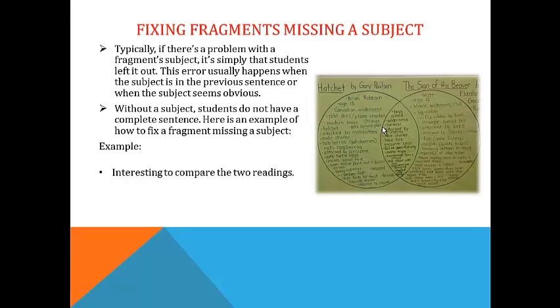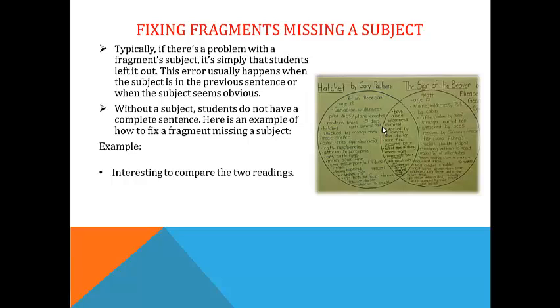And honestly, likely they're having difficulty saying, okay, they introduced all these different names and characters, or we or they, and really who is the actual subject that's being conveyed here? So, without that subject, students do not have a complete sentence.